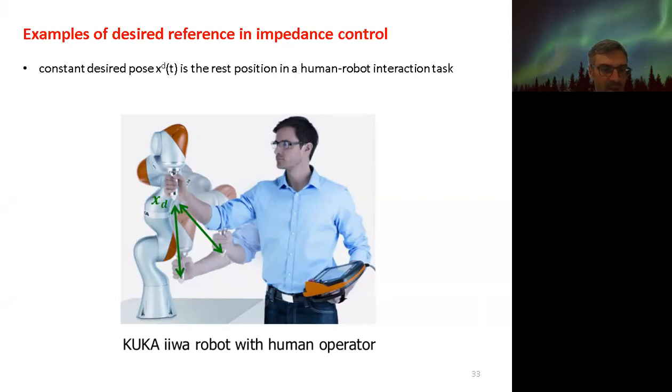If you use a high apparent inertia, the human will feel a heavy robot end effector to be moved, while with a low apparent inertia, the feeling will be like moving a very light object. This is very important for collaborative tasks. And we can implement this impedance approach not only at the end effector, but at any contact point.